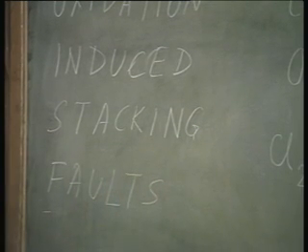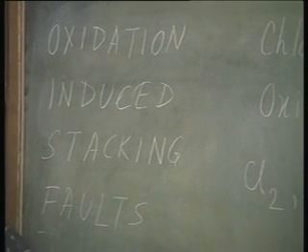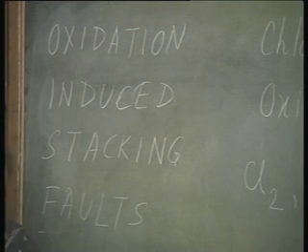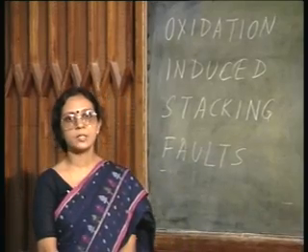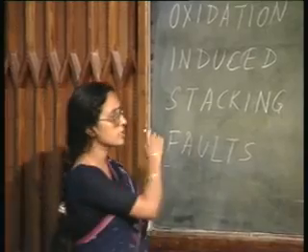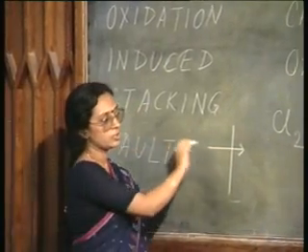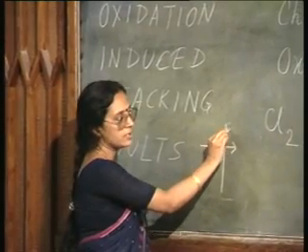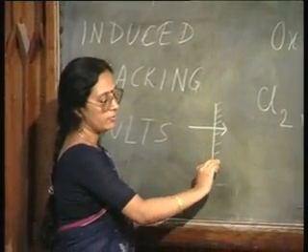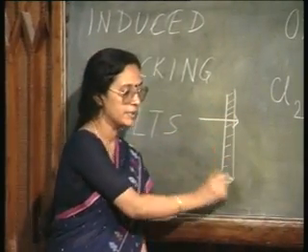What are oxidation induced stacking faults? At the time of thermal oxidation of silicon, the oxidation is taking place at the interface at the last, because the oxidizing species are moving inside. As the oxidation process goes on, the oxidizing species move inside, and this is where the oxide is formed. Therefore, the oxidation reaction is finally taking place at the interface.